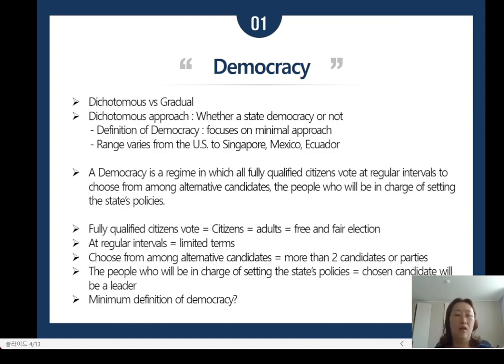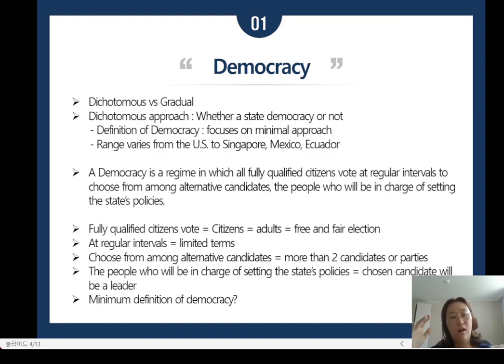The U.S. we call a full-fledged democracy, a liberal democracy, right? But Ecuador and Mexico are democracies at the minimum level. They met the minimum level, but it doesn't mean that they are full-fledged democracies.